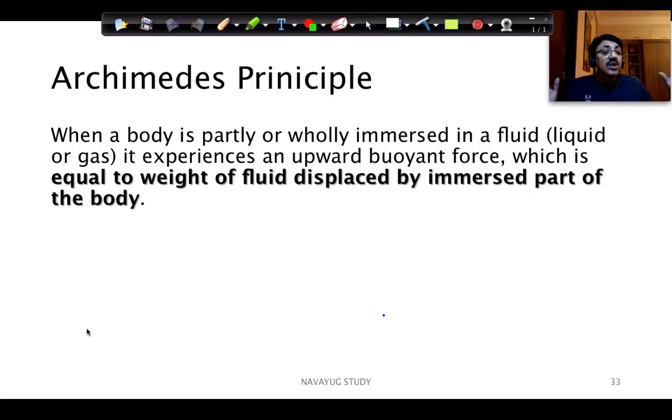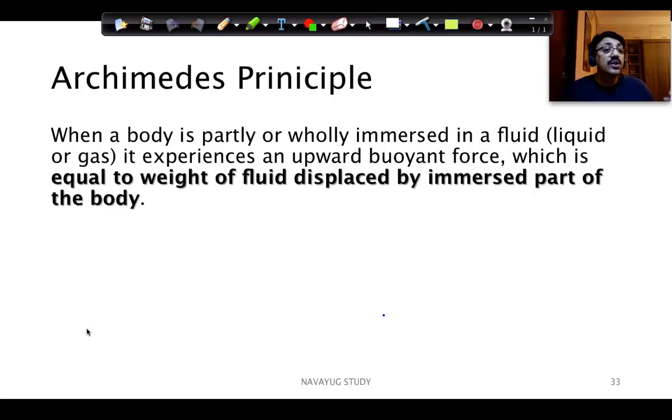Because of that difference in density, the balloon is displacing the cold air outside, and that cold air is giving a buoyant force upwards, right? We'll discuss that in detail. Don't worry, I'm going to discuss the hot air balloon and why it is able to float, but you should understand that even that is because of buoyancy, right?